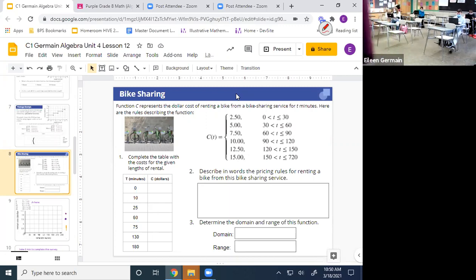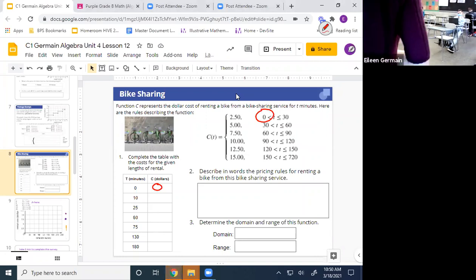Okay, 0 minutes. How much is it going to cost you in dollars? Making sure you're looking at those symbols. Kyle Kelly. How much? Yeah, because we're saying it's not or equal to 0. Good.